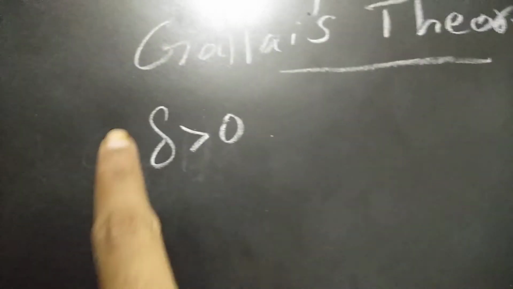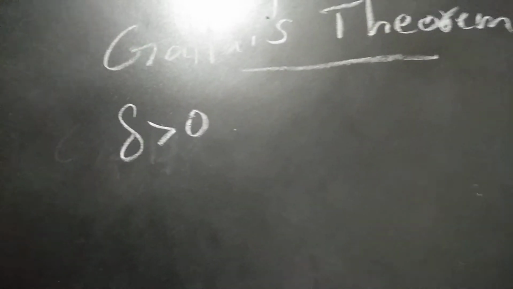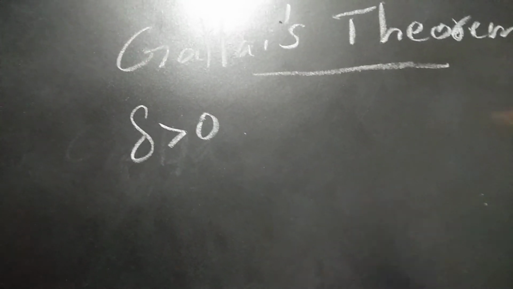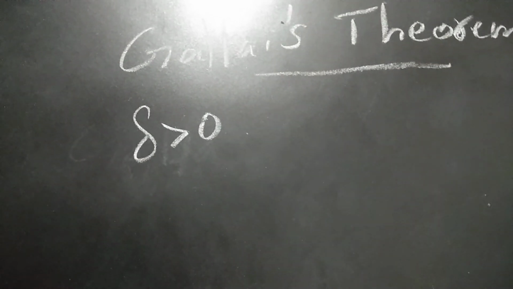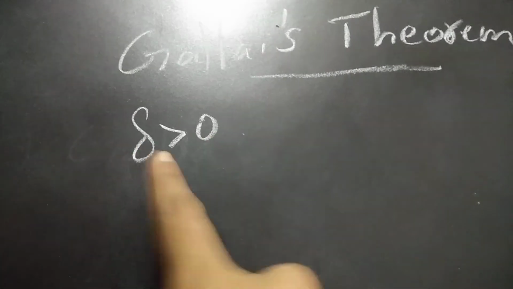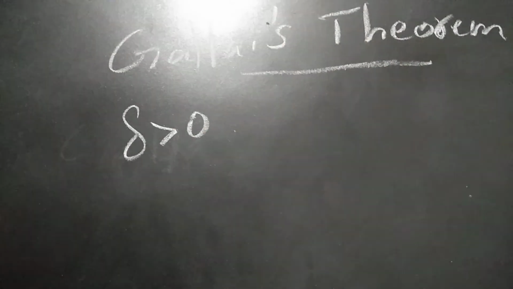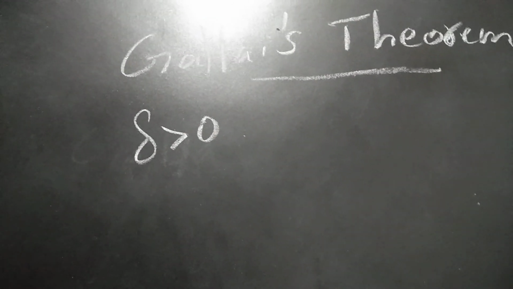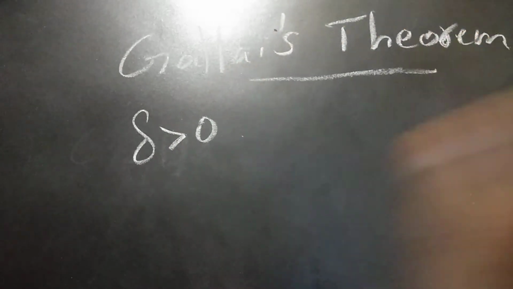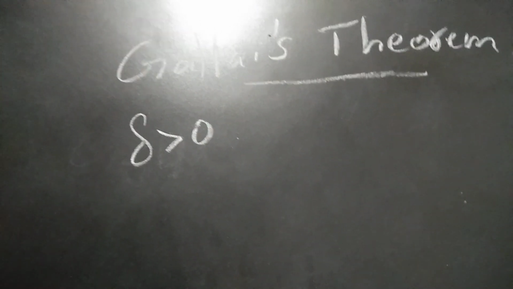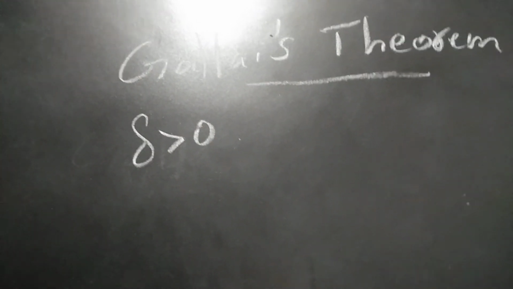So let us learn one by one. First, what is delta greater than 0? What they are trying to say from this is they are talking about the degree of the vertices. It means the degree of the vertices present inside the graph should be greater than 0.